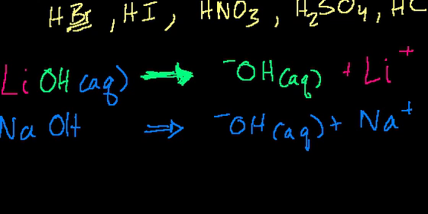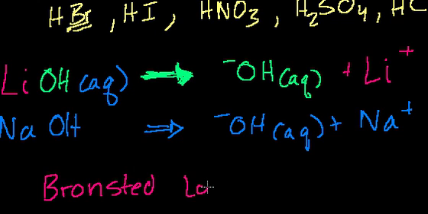Now, that is what you're going to see 90% of the time, but there's a slightly broader definition out there, and that is Bronsted-Lowry acid or base. I always say just Bronsted, but if you have good fonts, there's usually a little cross in the O. So I mean Bronsted-Lowry acid.